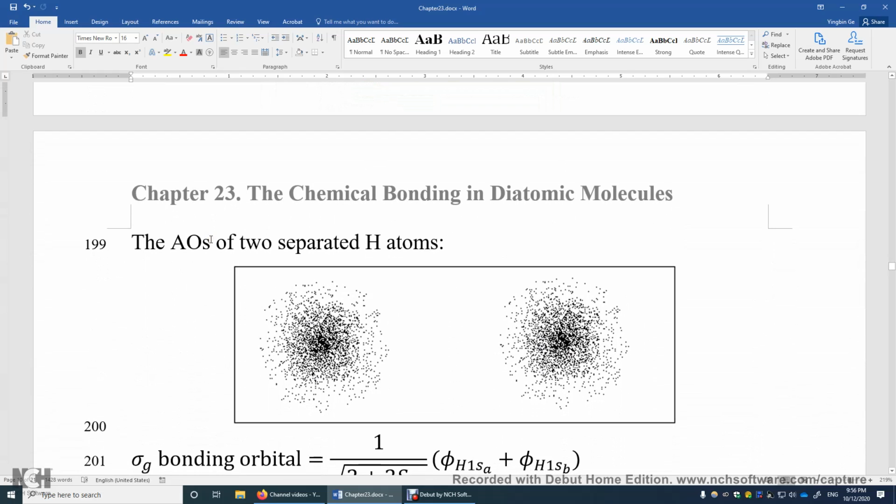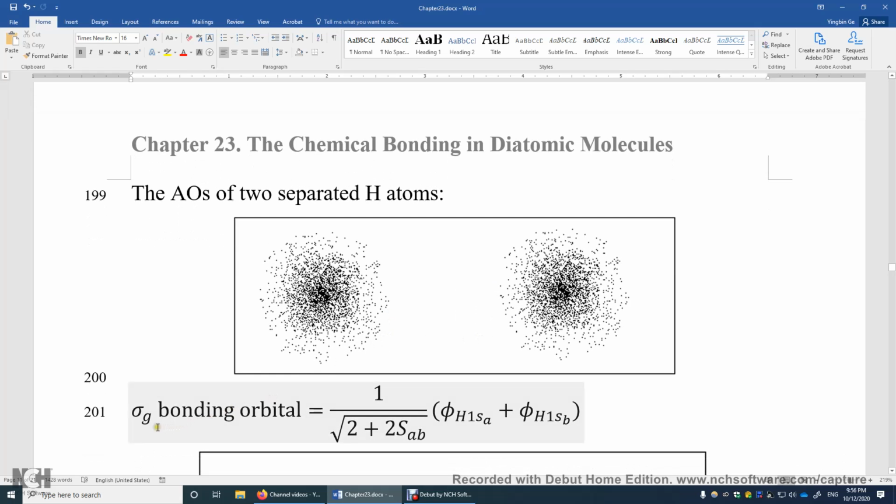Now let's look at the shapes of the atomic orbitals of two separated hydrogen atoms. So this is hydrogen A, this is hydrogen B. The distance is long enough that these two do not interact with each other.